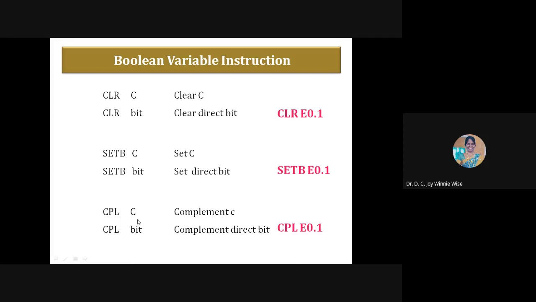Next one is complement. So complement the carry bits and complement the particular bits. Okay, hope you got it. So first one is clear the carry bits, clear the particular bits, then set the carry bits, set the particular bits, and complement the carry bits and complement the particular bits.